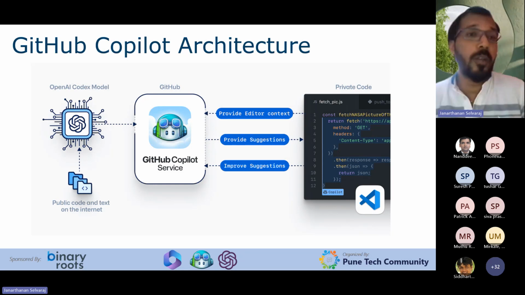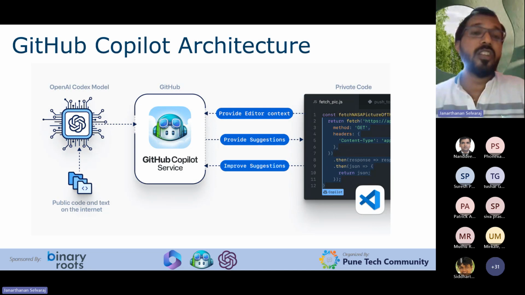The OpenAI Codex model is a code generation model, where the user's prompt is turned into code. All the OpenAI code generation models are present behind the scenes of GitHub Copilot as a service.